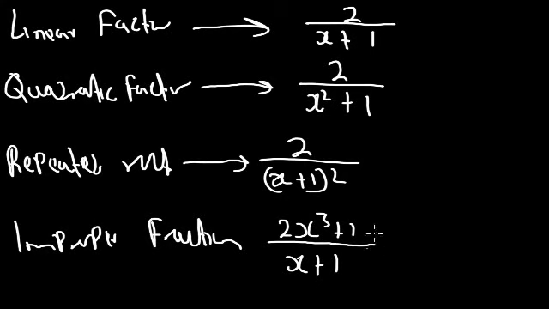So this is an example of improper fractions. For each and every case, there's a process by which we split them or break them into pieces. For this video, we are going to consider partial fractions with linear factor. So let's begin with some examples. We are going to go over tons of examples so that you can master the process.